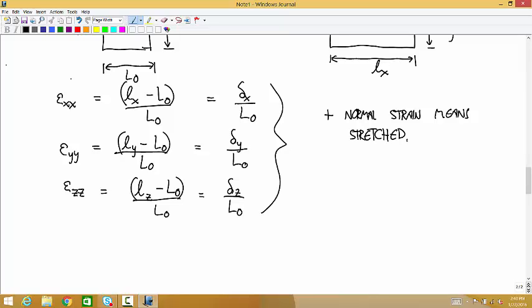Do you remember? Maybe you can visualize it even with the stress cube. A positive normal stress, does that mean the material is put into tension or compression? Tension, yep. So positive normal stress means tension. So there's a sort of a natural relationship between those two, because something in tension is going to stretch.